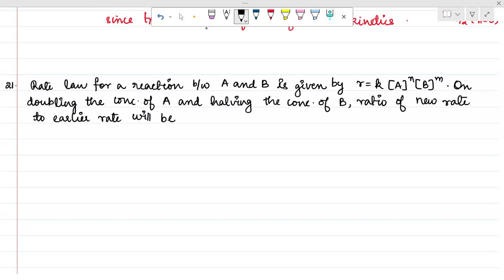Very easy. Option A, 1 by 2 to the power n plus m. Option B, n plus m. Option C, n minus m. Option D, 2 to the power n minus m.